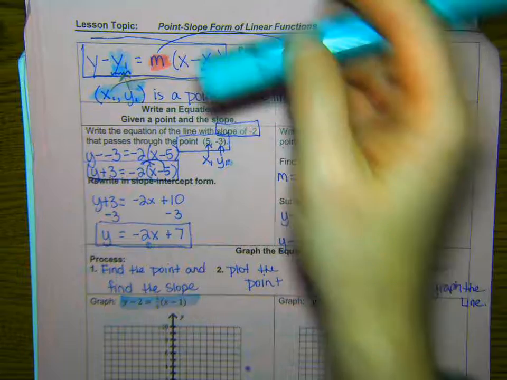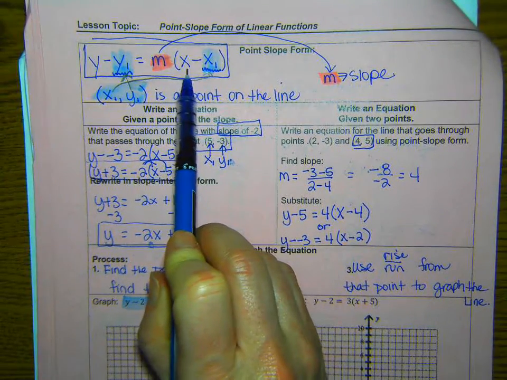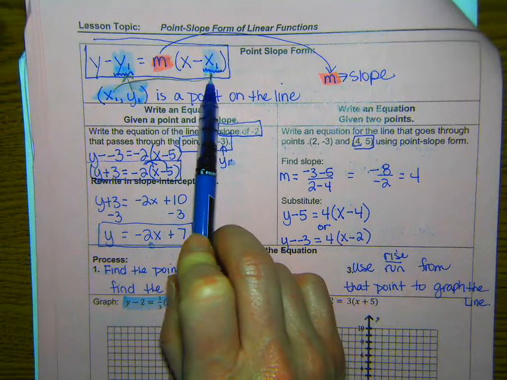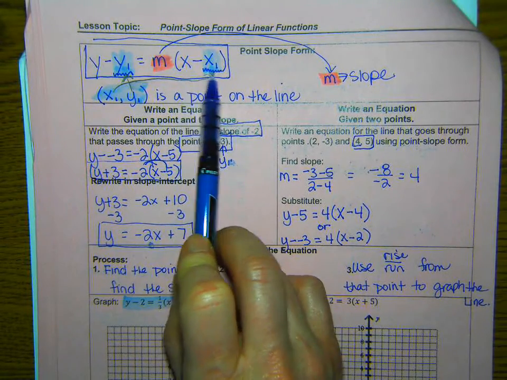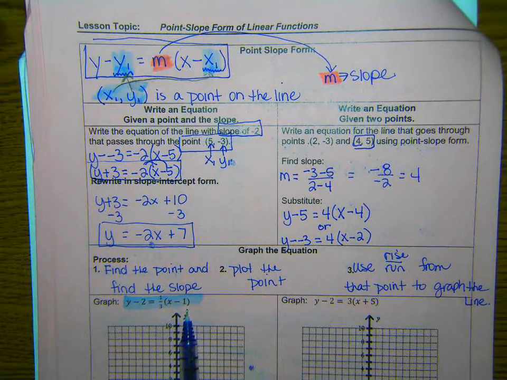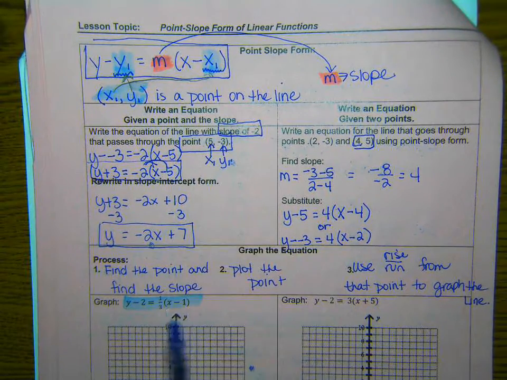Now compare it to up here. If I want the point, to find the x-coordinate, isn't the x-coordinate over here? It should be x minus that number. This is x minus 1, so what's the x-coordinate? Careful, x minus the x-coordinate.